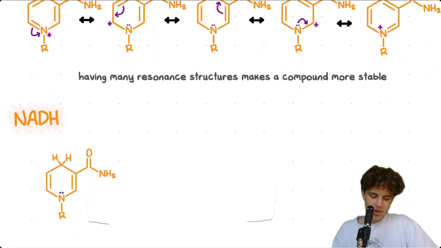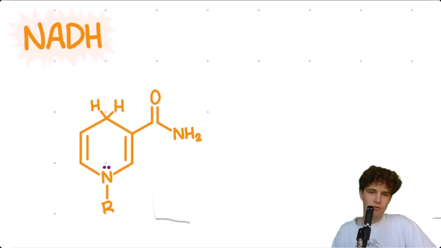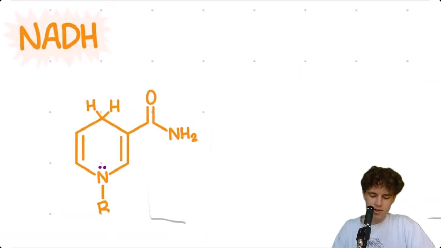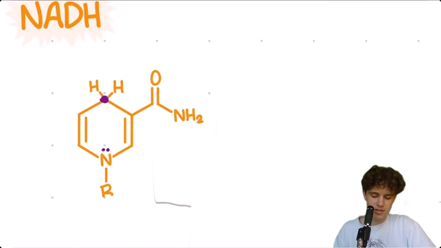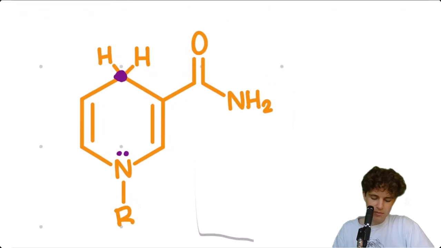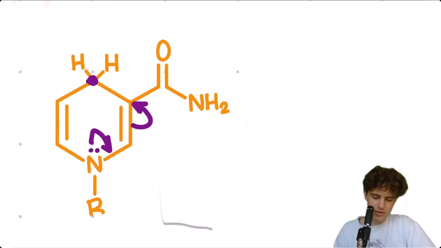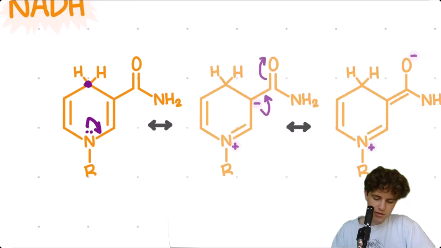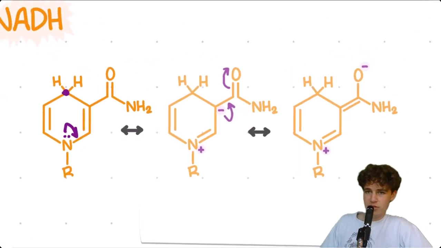In comparison, NADH is no longer fully conjugated. That's because we have this sp3 carbon right here, which limits the resonance of our pi electrons. If I tried to draw resonance structures, let's see what happens. I can move these right there, and I can push this bond to that carbon, and the result, well, if I keep going down this path, I'm going to get formal charges.